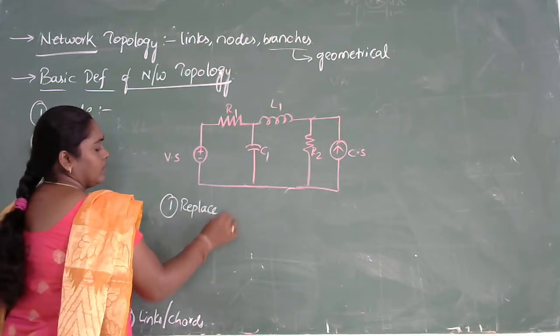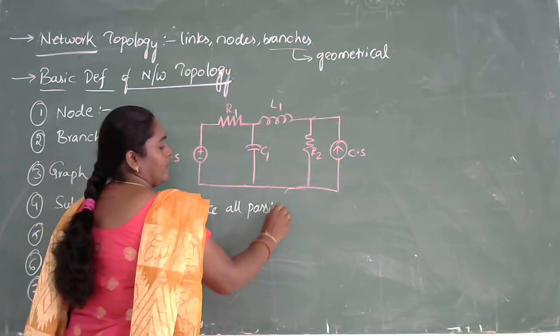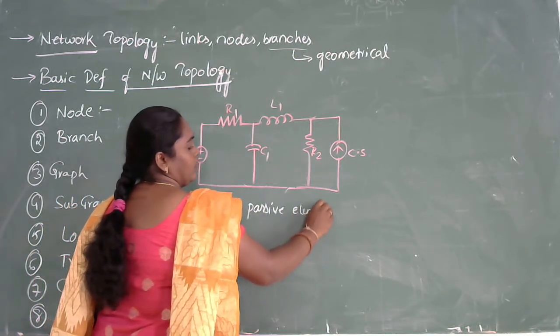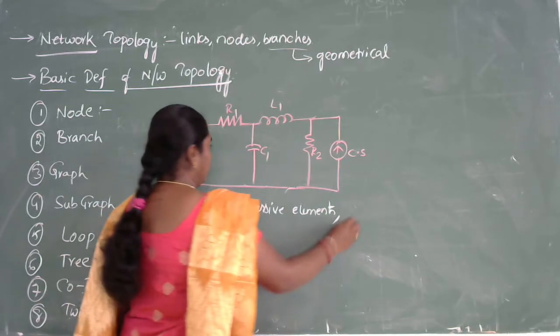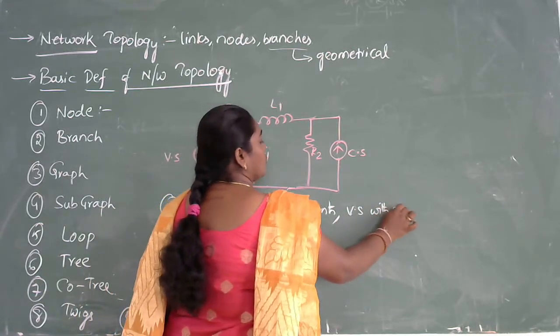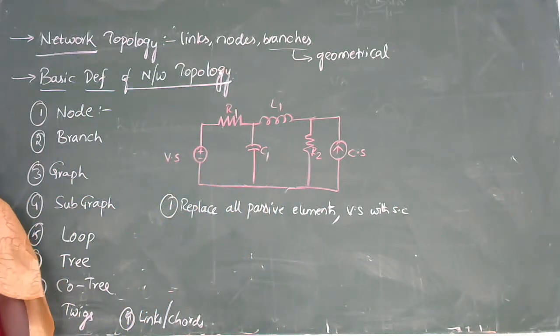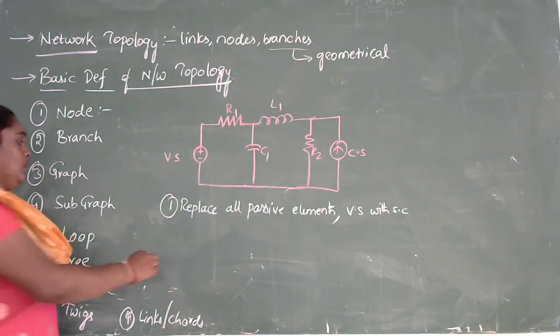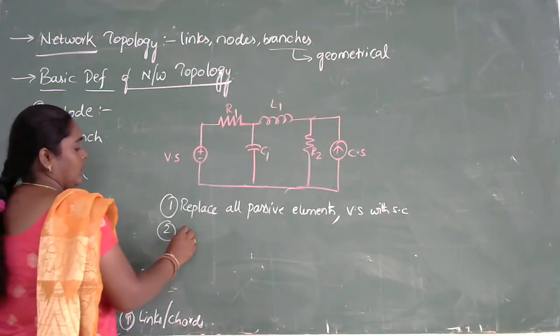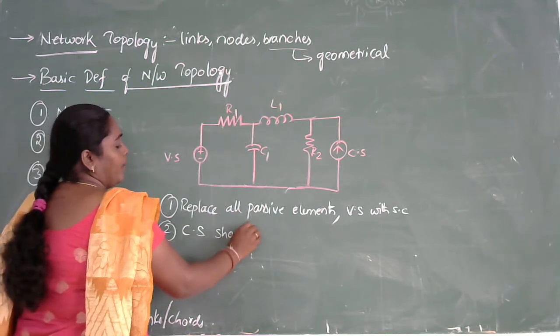If we want to convert this electrical circuit into a graph, the first step is to replace all passive elements and the voltage source with a short circuit. The second step is that the current source should be an open circuit.